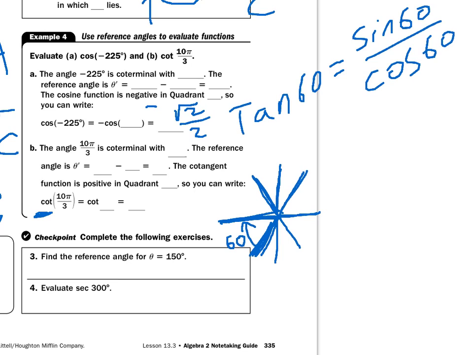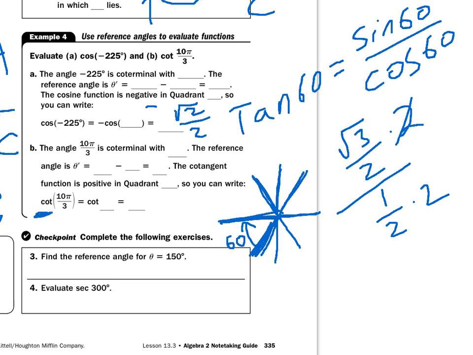I know that the sine of 60 is the square root of 3 over 2, and the cosine of 60 is 1/2. So I multiply the top by 2 and the bottom by 2. All the 2's go out, and the tangent of 60 is the square root of 3.